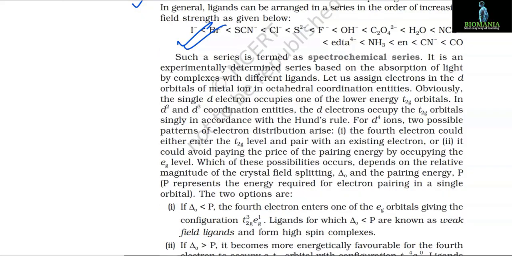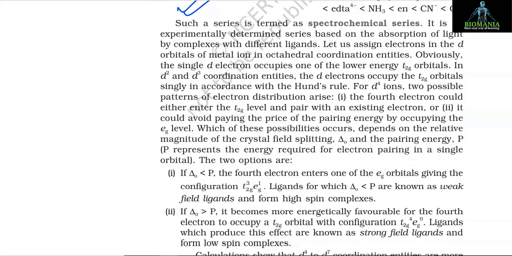I- < Br- < SCN- < Cl- < S2- < F- < OH- < C2O4 2- < H2O < NCS- < EDTA4- < NH3 < en < CN- < CO. Such a series is termed a spectrochemical series, and it is an experimentally determined series based on the absorption of light by complexes with different ligands.